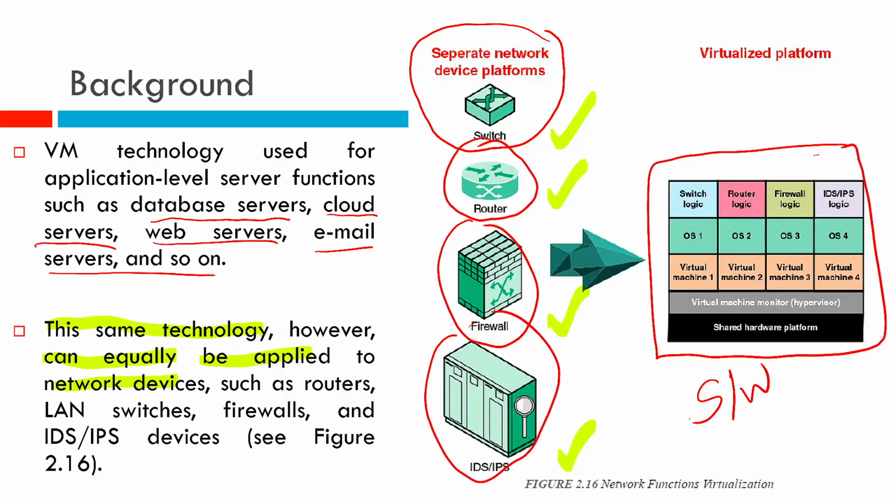Here we can see operating system 1 in a virtual machine environment, and there are a lot of machines running inside, and the logical switch, router, firewall logic, everything is logic, in the sense it is software.